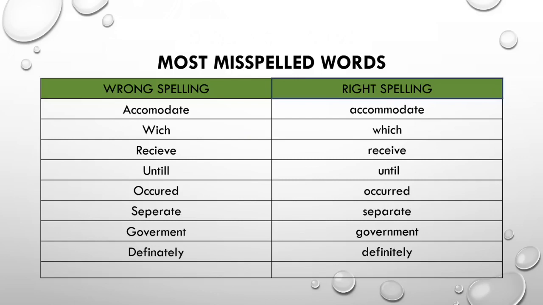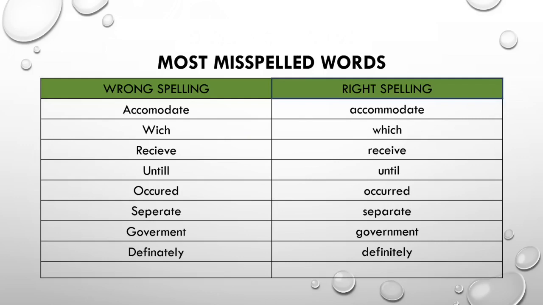The spelling is RECEIVE. It is also normally wrongly spelled as RECIEVE. The next word is until. That is normally misspelled as UNTILL. The correct spelling is UNTIL. Only one L is there.